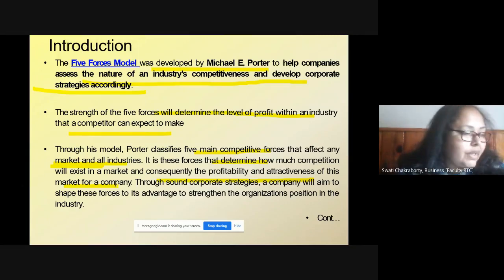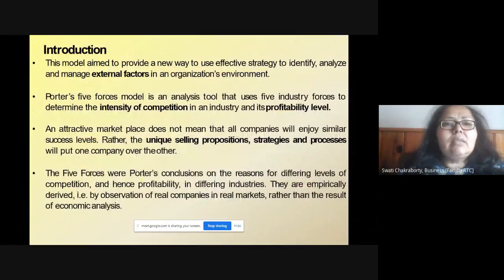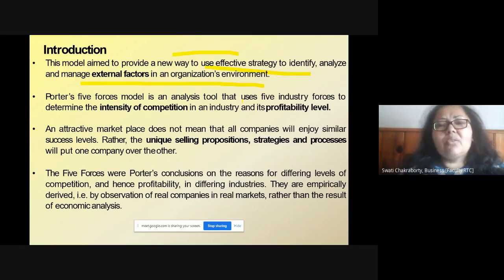This model also provides a new way to use effective strategy for identifying, analyzing, and managing external factors in an organization's environment. It also helps to determine the intensity of competition in an industry, right?